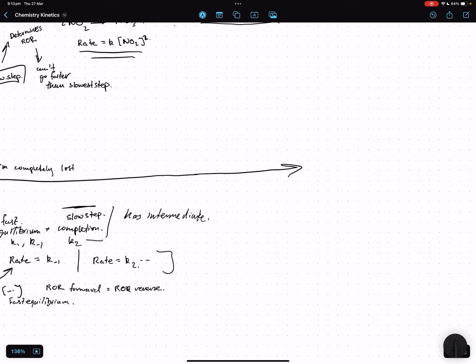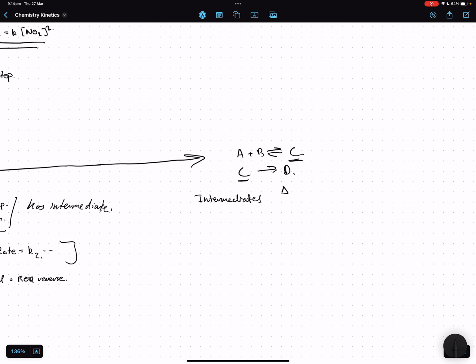So let's say we have A plus B tends to C, and then C tends to completion into D. So C is an intermediate. So we don't know the step. What we say about intermediates is that they're usually consumed, so the rate of change of their concentration is pretty much 0.